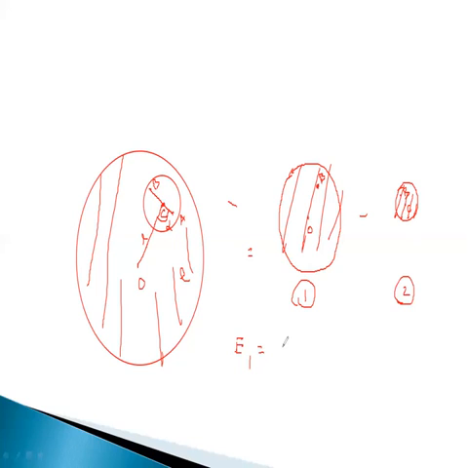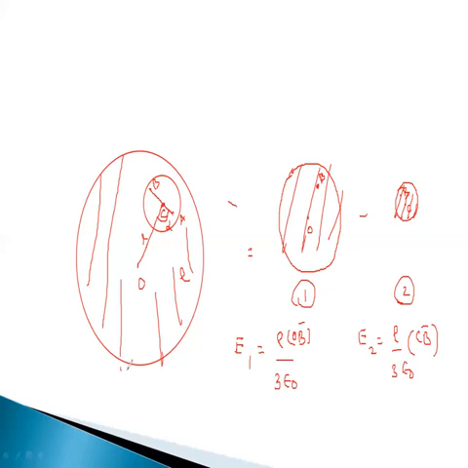In this case, the general formula for electric field due to this sphere is rho r by 3 epsilon naught. So rho by 3 epsilon naught into, in place of small r, we can write OB bar. And the electric field intensity due to the small sphere will also be rho by 3 epsilon naught into CB bar.